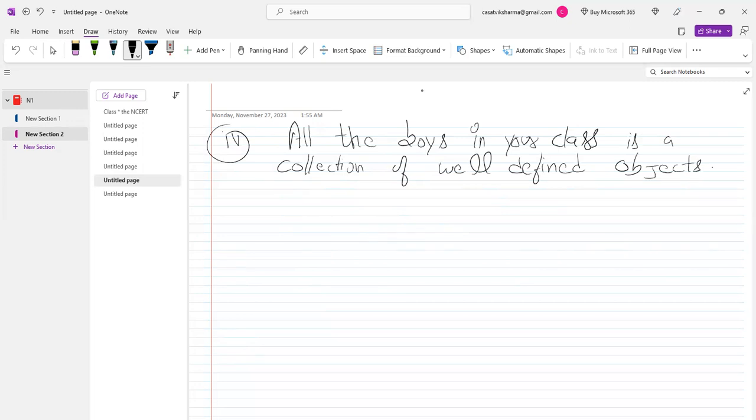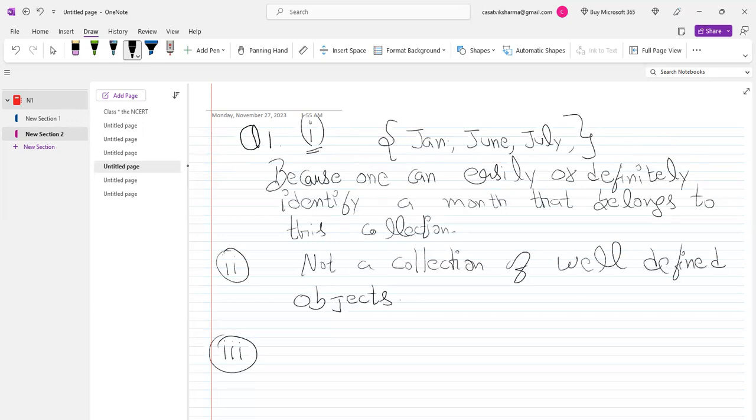Justification: we can use the justification from part 1, because one can definitely identify each of the boys that belongs to one's class.